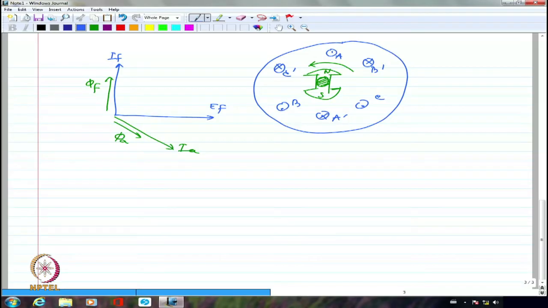When I have these currents, they are going to create again a revolving magnetic field. The resultant of these two will be the overall air gap flux which the armature will eventually look at. So although the armature is looking at the resultant of both fluxes, I am trying to bifurcate them in the equivalent circuit.